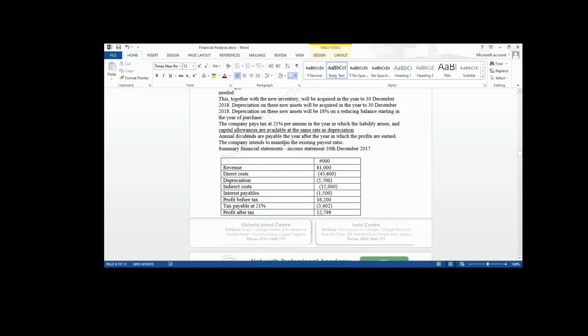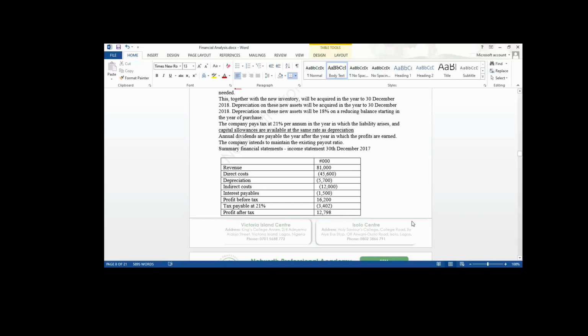Examiner says annual dividends are payable the year after the year in which profits are earned. The company intends to maintain existing payout ratio. That means I must get the existing payout ratio. Dividend payout ratio is your dividends divided by your profit after tax.